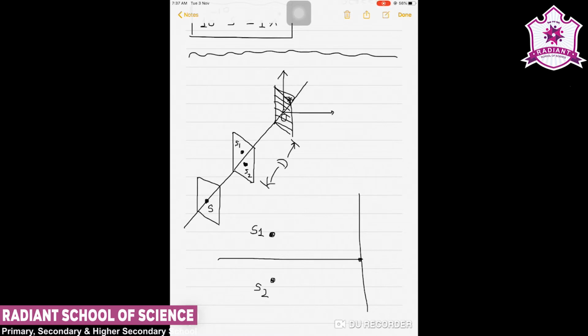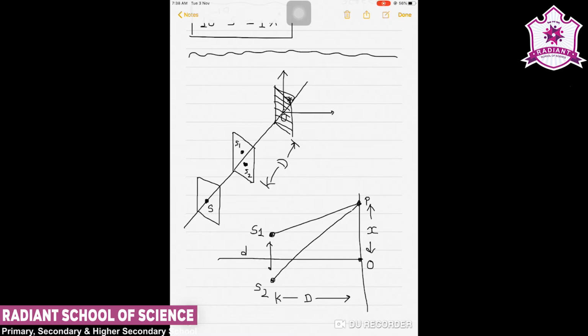This is point O on the screen as shown in the figure above. Now we see any point P of the screen, and we find that the interference pattern is observed. This is the distance from the screen, and this is the distance between the two sources or two slits.